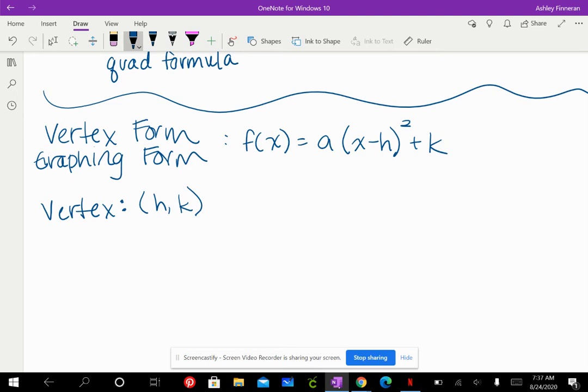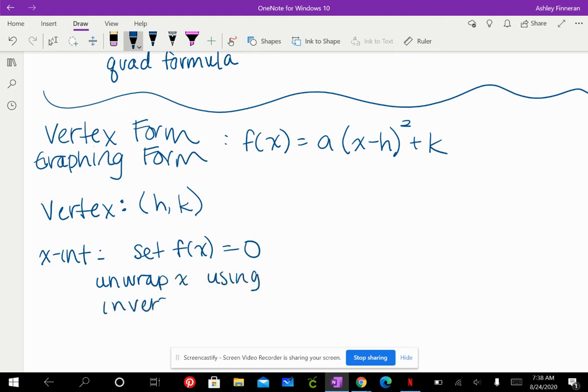And then to find x-intercepts, you're going to set f of x equal to 0, and then unwrap x using inverse operations.